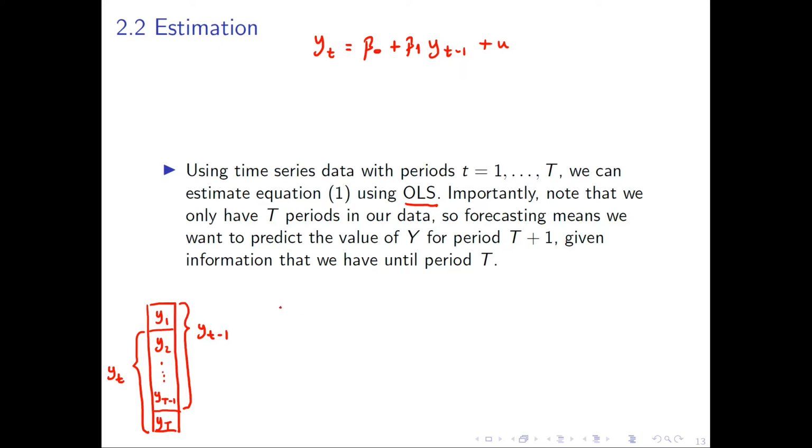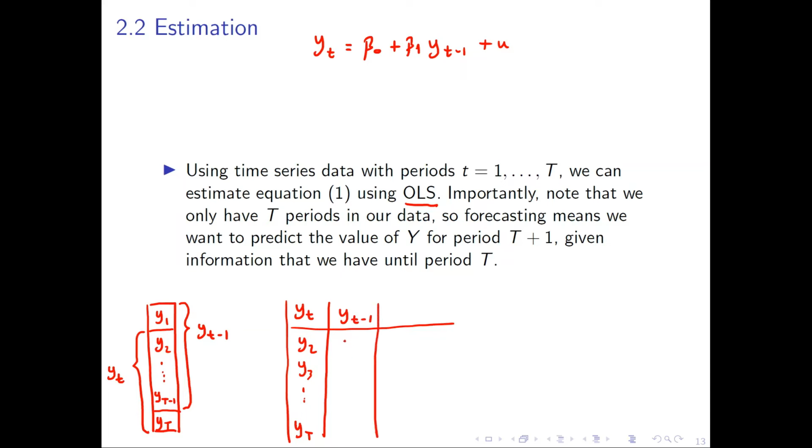So what you would do in Excel or in Stata, you would create the yt variable, and in this column, you would have y2, y3, and up to y capital T, and you would create the lagged value of yt minus 1, and that would contain y1, y2, and up to y capital T minus 1.